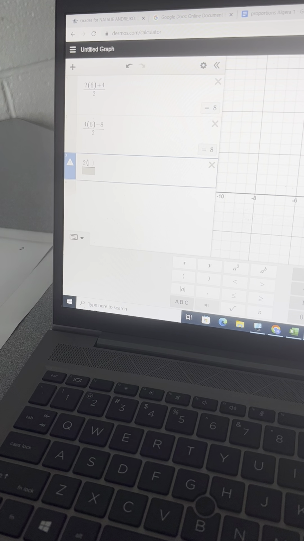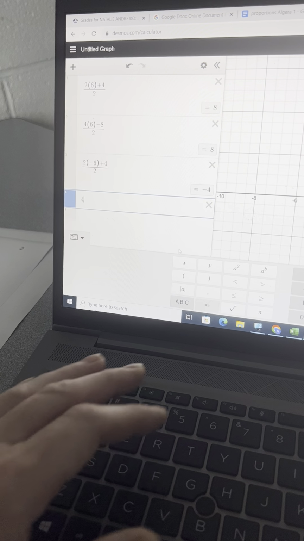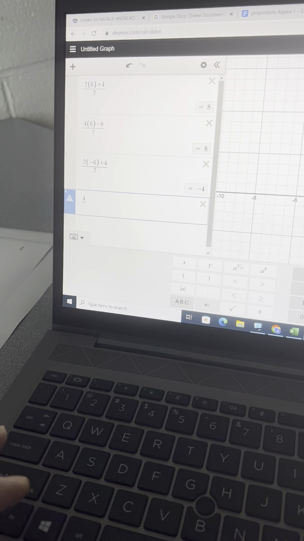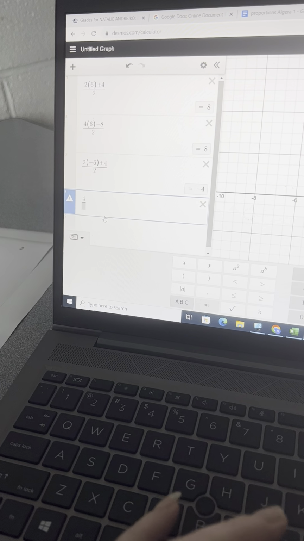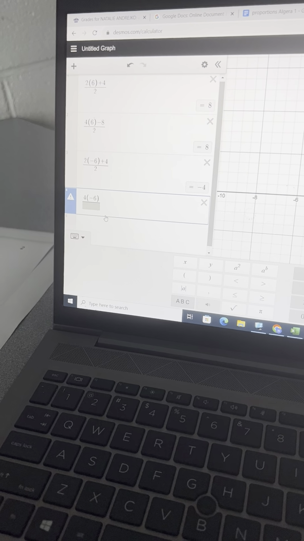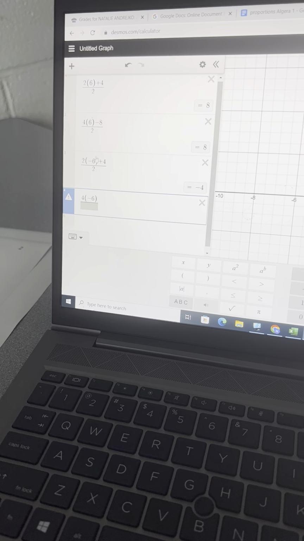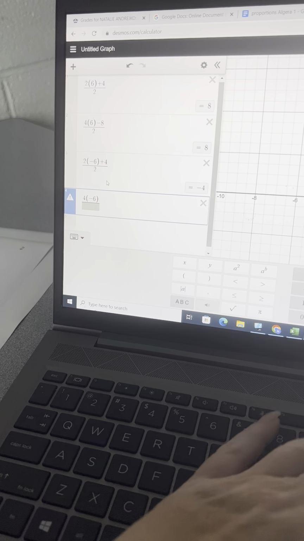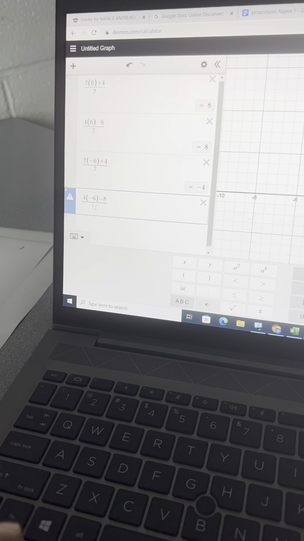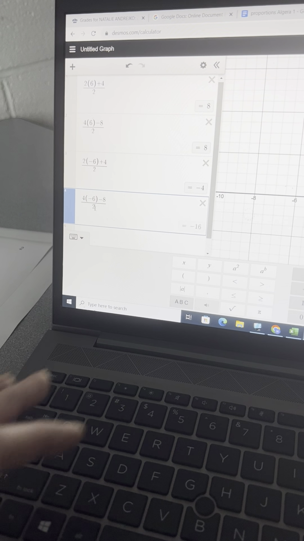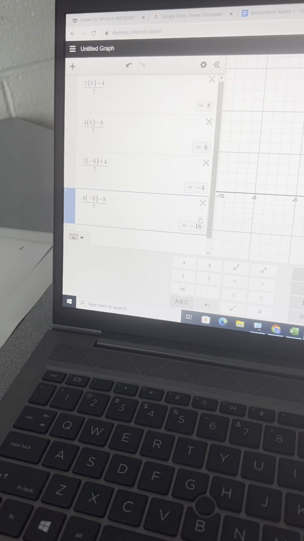And let's do the second one. So 4 divided by, go back up, and we're doing that -6. We know that's the wrong answer. See that? How they did not equal?